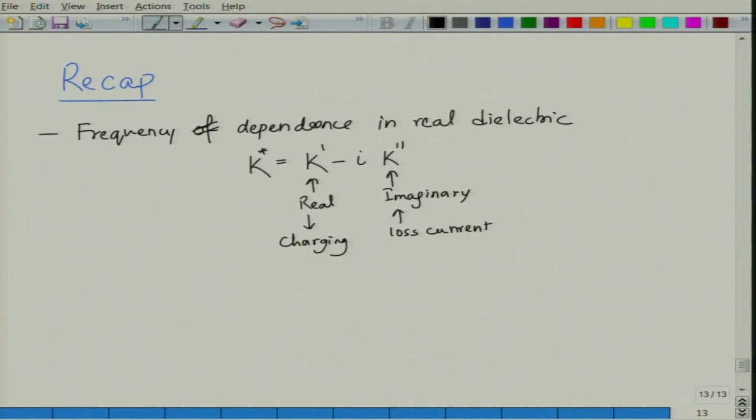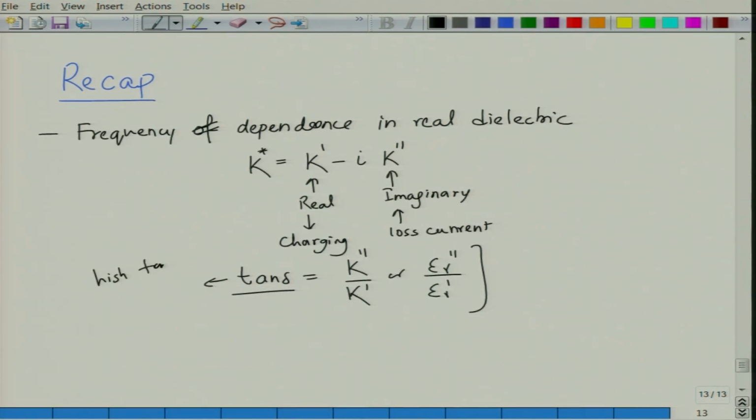In addition, you will have frequency independent components which are separate, and the ratio of these, tan delta, is kappa double prime over kappa prime. You can also write this as epsilon r double prime divided by epsilon r prime. So, the ratio of these two is tan delta. For a lossy system we will have high tan delta.